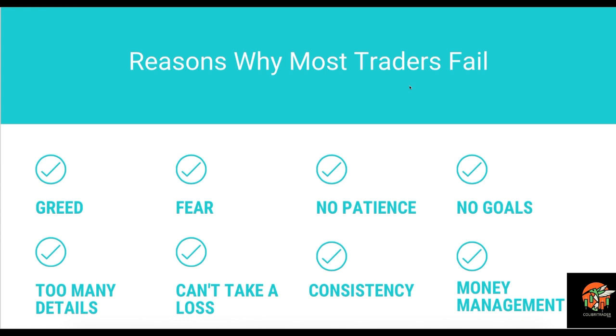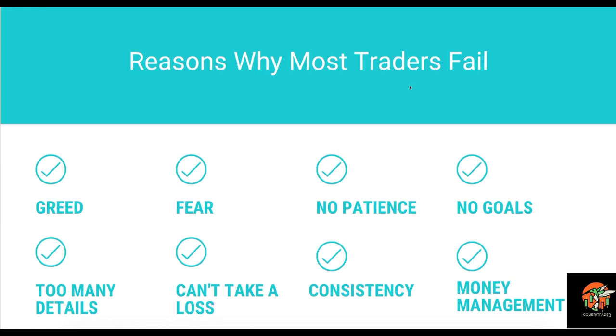Consistency is a great way to regulate your P&L and have profitable trading overall. A lot of people talk about it, but not many show you how to achieve it, so I will spend some time on that as well.